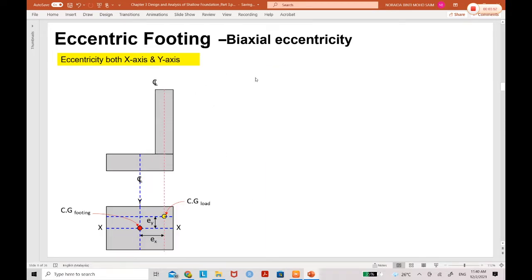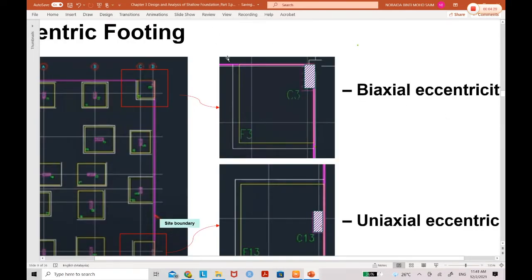Besides uniaxial eccentricity, there is also biaxial eccentricity. It means the eccentricity is in two directions, x and y axis. I want to show you how we determine the two directions of eccentricity from the layout. This is the column, and we have the area of the footing.